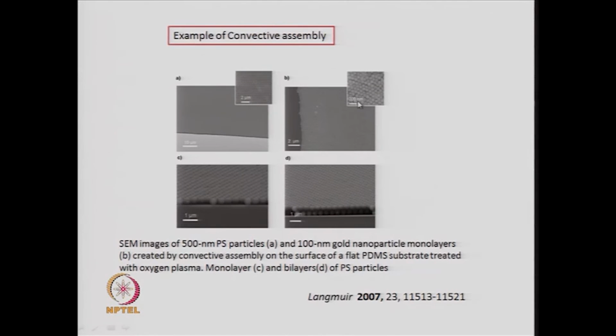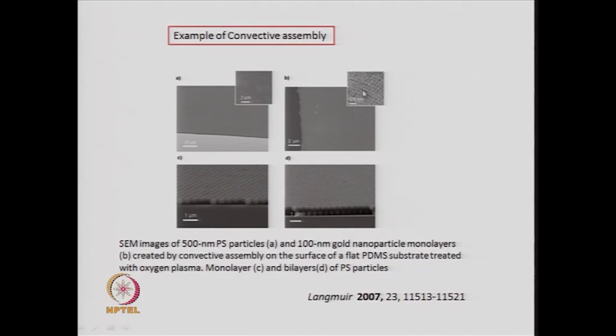This is a 200 nanometer scale and this is a 2 micron scale. You can see, on 200 nanometer, these are approximately 100 nanometer sized gold particles on PDMS, which is polydimethyl siloxane, a very common polymer, and on top of that you have got these gold particles which are arranged so nicely, so beautifully.